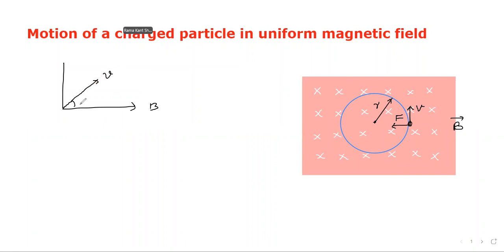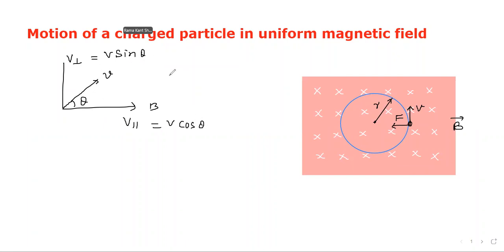So velocity is making angle theta with the magnetic field. So there will be two components, one perpendicular component and another parallel component. The perpendicular component will be v sin theta, and the parallel component will be v cos theta.